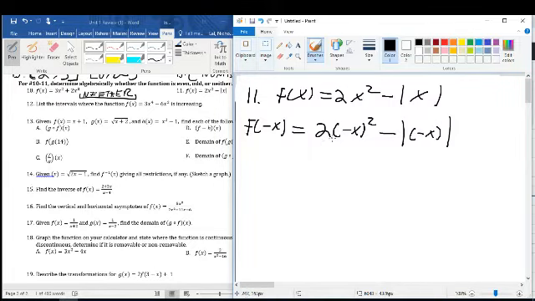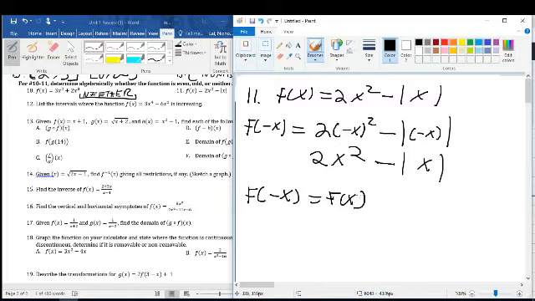And 2 times negative x squared is just 2x squared. And absolute value is the distance from 0, so the absolute value of negative x is the same as the absolute value of x, because negative x and x have the same distance from 0. It's going to be minus the absolute value of x. So in this case, you can say that f of negative x is equal to f of x.